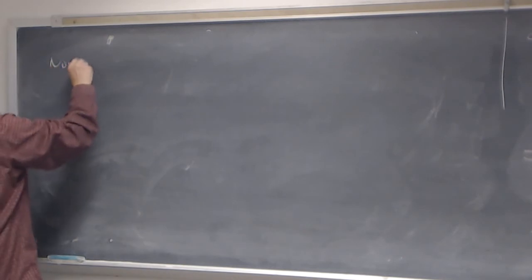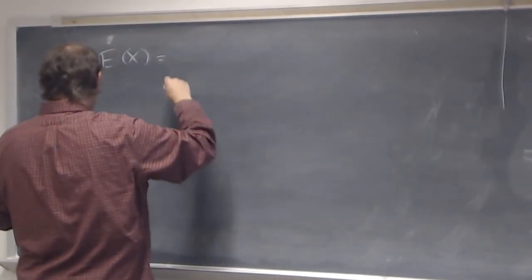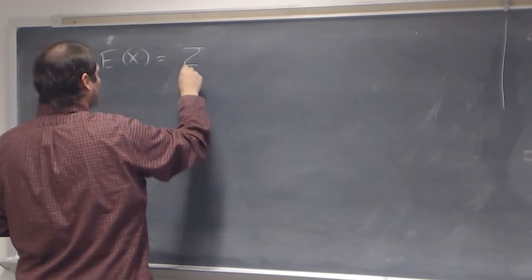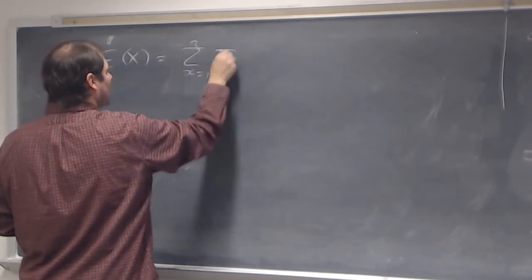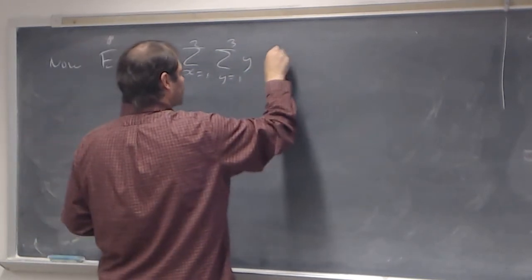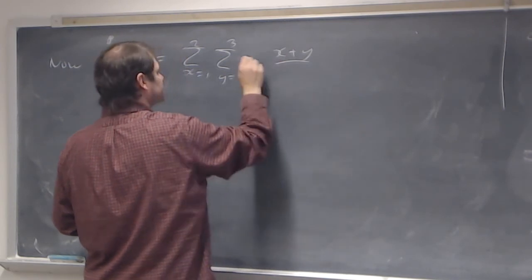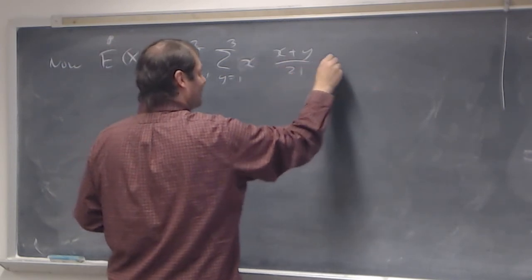Now we need to compute the expected value of x. It is equal to the sum as x runs from 1 to 2, sum as y runs from 1 to 3, of x times x plus y over 21.